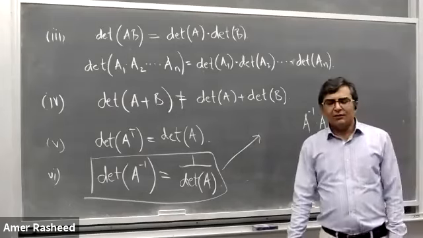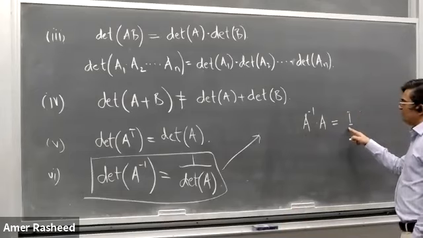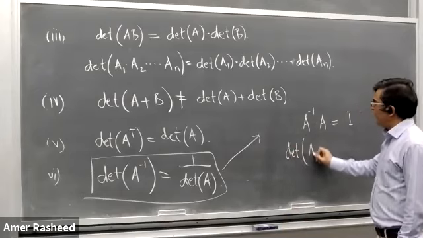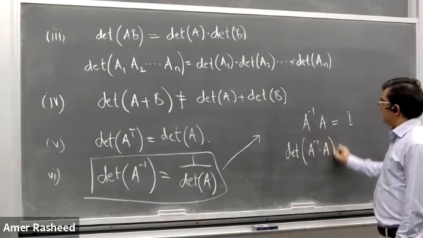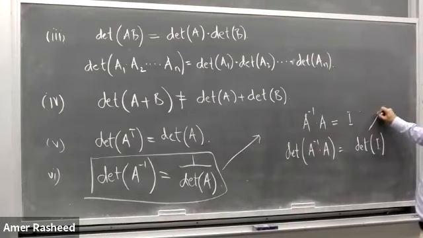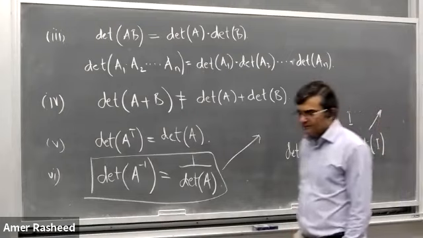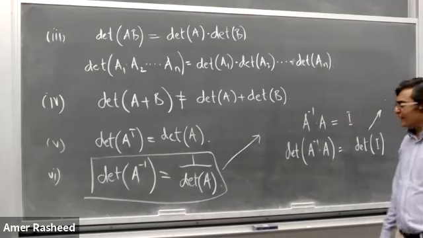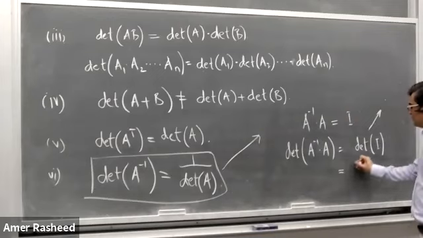If A is a square matrix and its inverse exists, then we can write A inverse times A is equal to I. Taking the determinant on both sides, the determinant of A inverse times A is equal to the determinant of I. Now, what would be the determinant of I? Someone tell me. 1, because it's a diagonal matrix. In a diagonal matrix, the determinant is the product of its diagonal entries, so its determinant is 1.